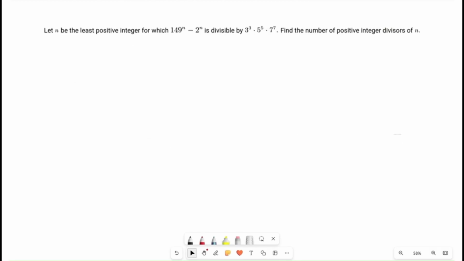Okay, so the AMC problem we're going to be taking a look at is the 2020 AMC 1 problem 12. And if you read this problem, you can see that it basically begs us to use LTE because it involves A to the power of n minus B to the power of n, as well as odd primes. So we know we're going to be using the first version of LTE. And since we're using that version, we know that P must divide A minus B in order for it to work.